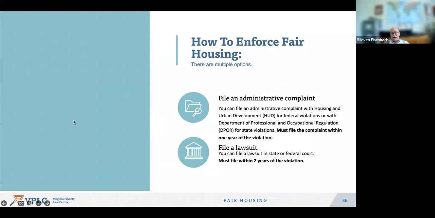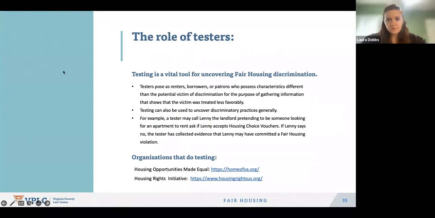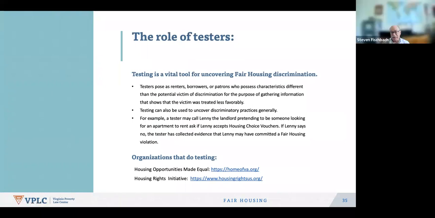One additional point I'd like to make about testing is that your social service agencies may want to do it too. So, for example, if you're dealing with a client who has a mental health problem and is trying to get an apartment, you could send other members of your organization staff out who don't have a mental health problem to see if they're treated differently.